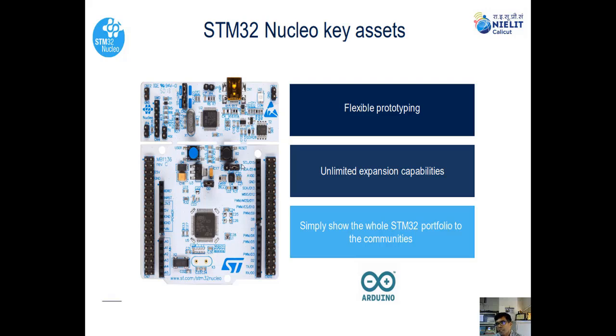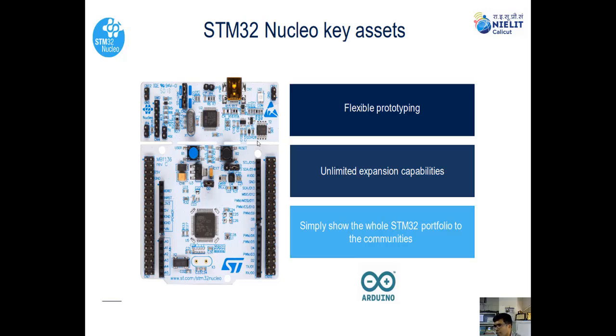And now coming to the STM32 Nucleo, which we will be targeting as part of our course. One of the major advantages is flexible prototyping. You can see on the board itself there are two sections. This is one part and this is another part. This top part is generally used for debugging, so you don't need to buy any additional debugger.